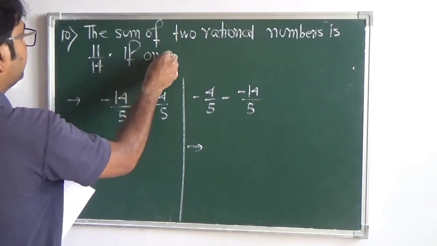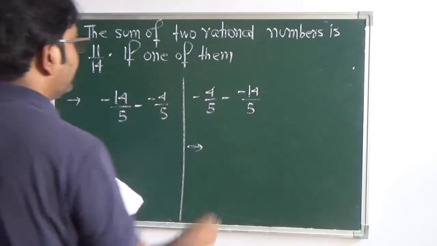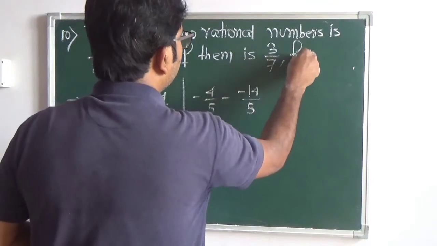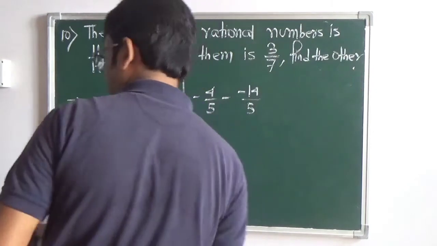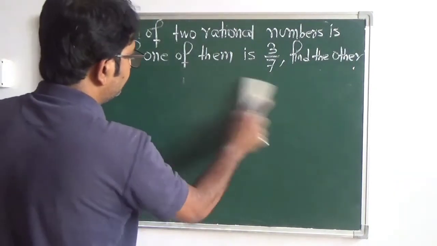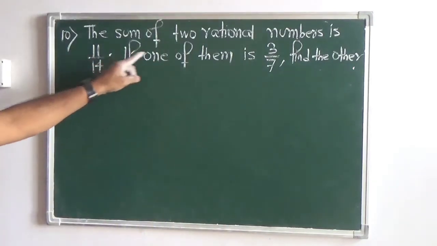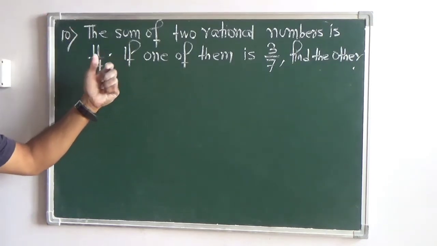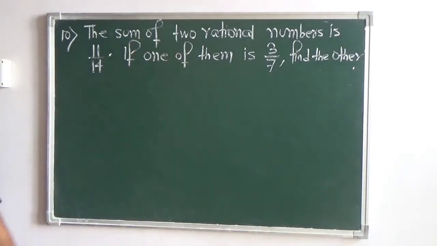If one of them is 3 by 7, find the other. Okay, this is also a very simple question. The sum of two rational numbers is 11 by 14. That means adding two rational numbers gives the result 11 by 14. And out of this, one of them is 3 by 7, then find the other number.